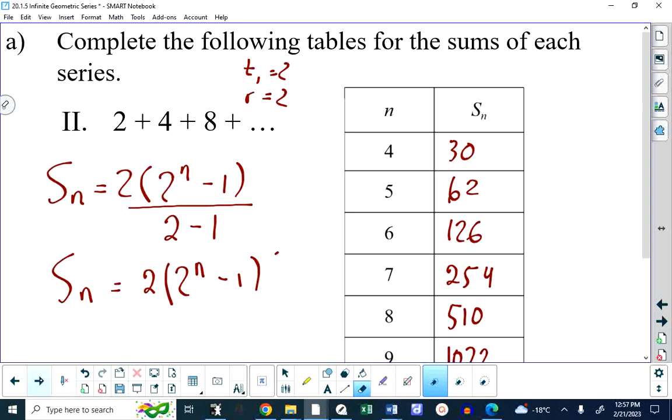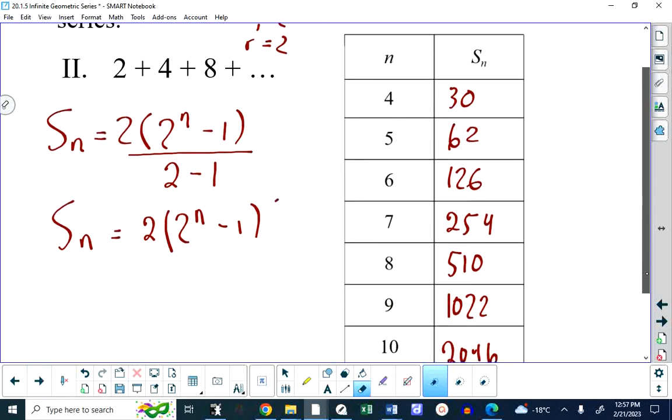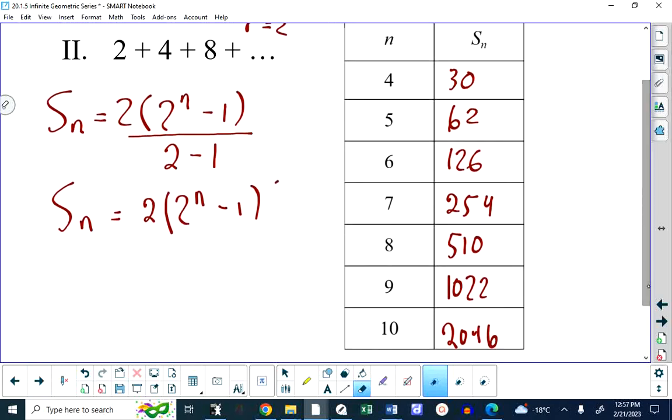But now comes the interesting part. This series that you're looking at here, series 2, is getting bigger and bigger and bigger, yes? Will it continue to get bigger without boundaries? In other words, will it eventually pass 10 gajillion? Yes.